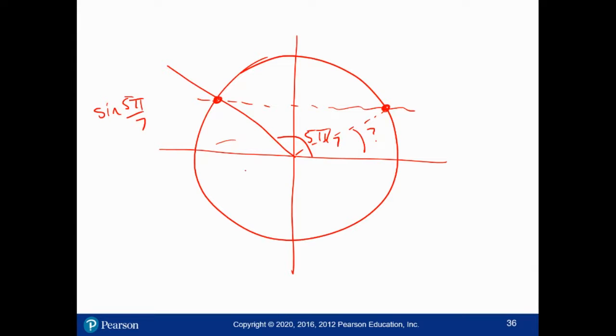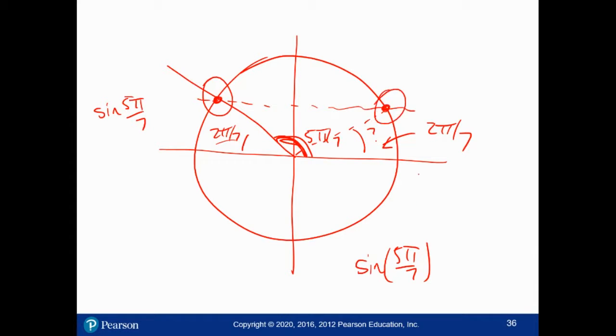And again, we're going to do some symmetry arguments. So going all the way to the axis would be 7 pi over 7. It would be pi. Since I've already accomplished 5 pi over 7, this angle right here must be 2 pi over 7. So then I reflect it across, and this angle is exactly 2 pi over 7. In other words, the sine of 5 pi over 7 is this height, which is exactly the same as this height.